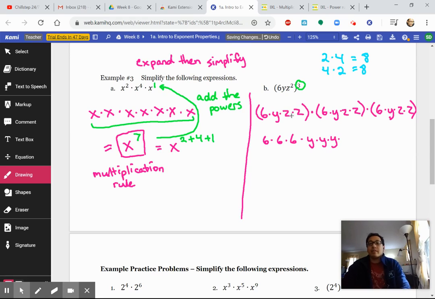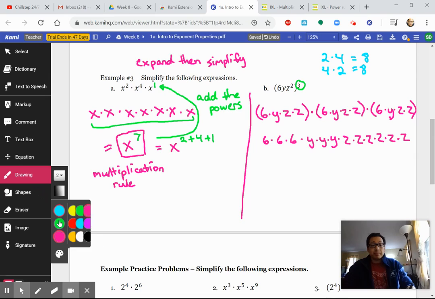How many z's are there? 1, 2, 3, 4, 5, 6. So I've expanded this out, and then I've rearranged the order so that the similar bases are next to each other.